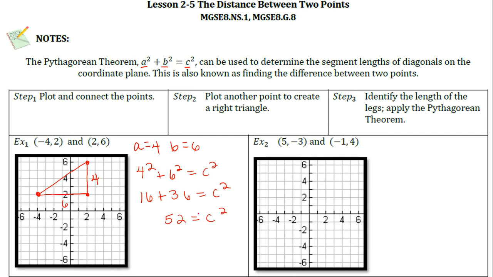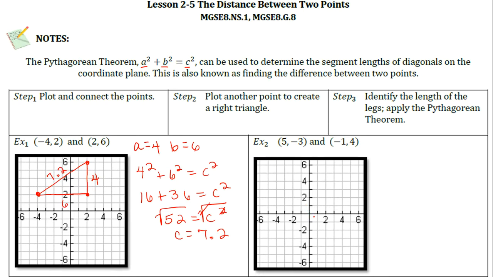To undo something squared, you take the square root, and we take the square root of both sides. Now I'm going to use my calculator to see about what the square root of 52 is. I'm going to round to the nearest tenth, and that gives us 7.2. So you can see that this length is about 7.2 units.